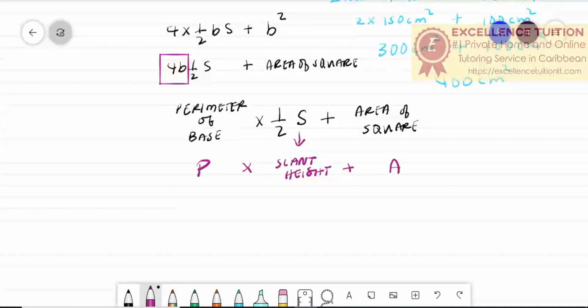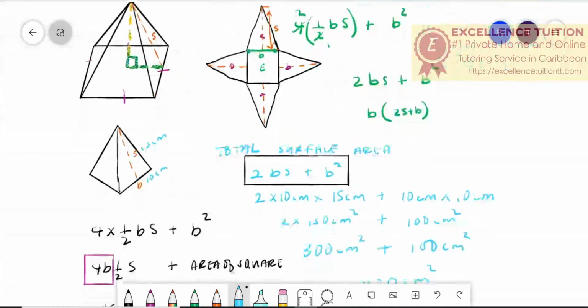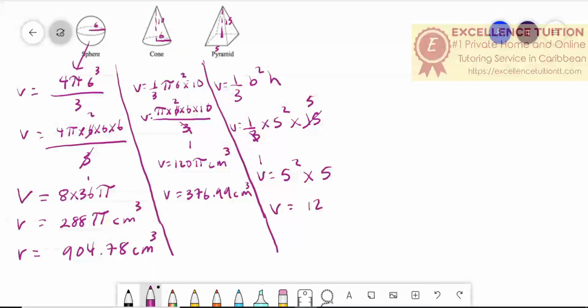Right? So we can see that the surface area is a half plus E. So it's E plus a half PS, right into this ultimate expression of, right, and 5 cubed is 125 centimeters cubed, right? So that's it.